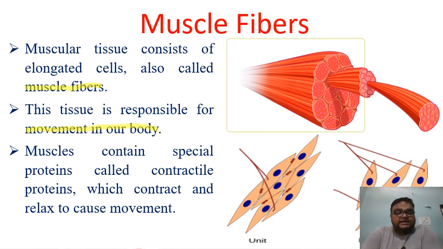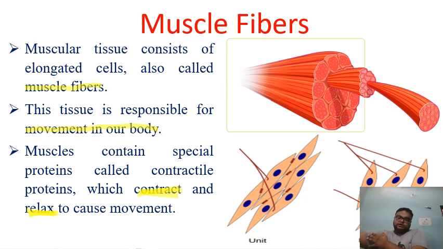These muscle cells contain a special protein, the contractile protein, and it helps the muscles to contract and relax. When the muscles contract and relax, the movement is caused. Suppose I have my biceps and my triceps.